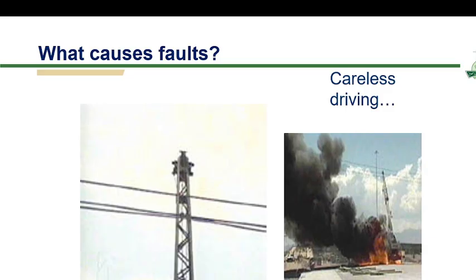All right, this slide also emphasizes a human-related cause of faults in power systems, particularly those resulting from carelessness or accidents. As you can see, activities such as reckless driving can lead to vehicle accidents with utility poles or nearby infrastructure, causing severe damage to transmission and distribution lines.